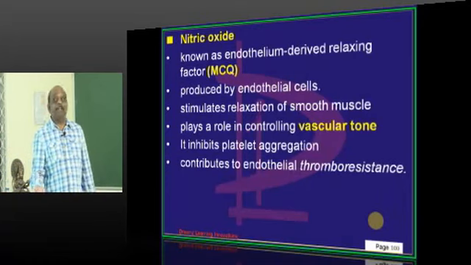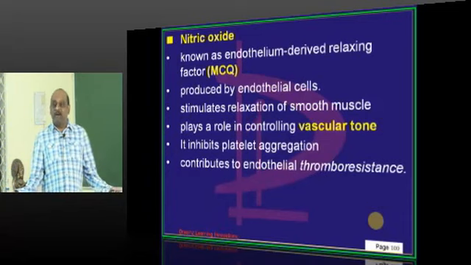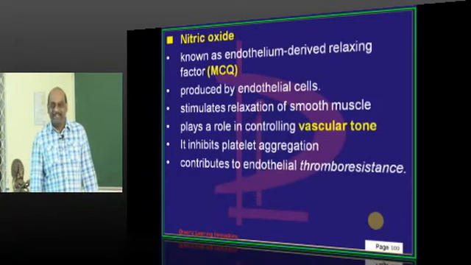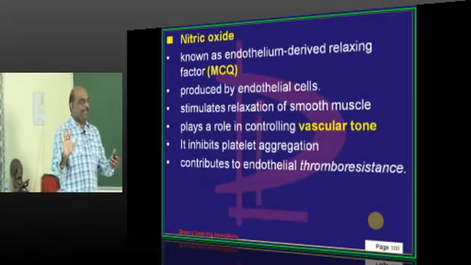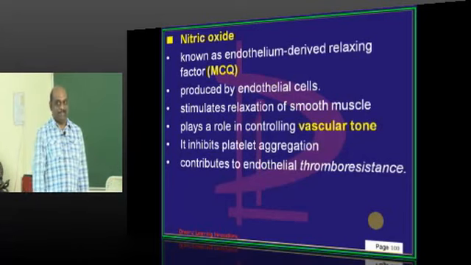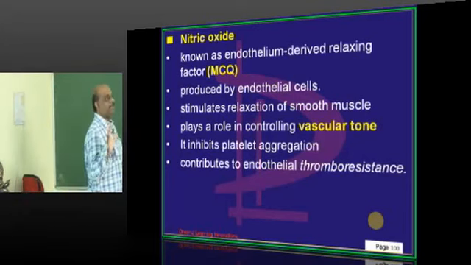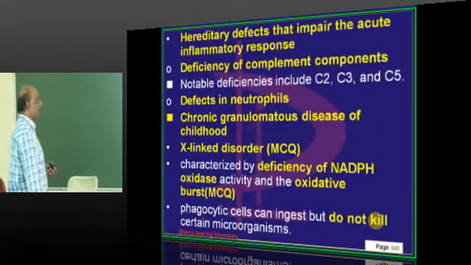On top of it, the guy took sildenafil and wanted to do nocturnal acrobatics, or possibly after taking sildenafil, diurnal acrobatics in the bedroom. What will he do? He will end up in the graveyard. So that's the reason, forget about that logic. Basically in pathology, you can't combine too many logics in one place, then it becomes illogical. So it contributes to endothelial thromboresistance is what you need to remember, doctor.